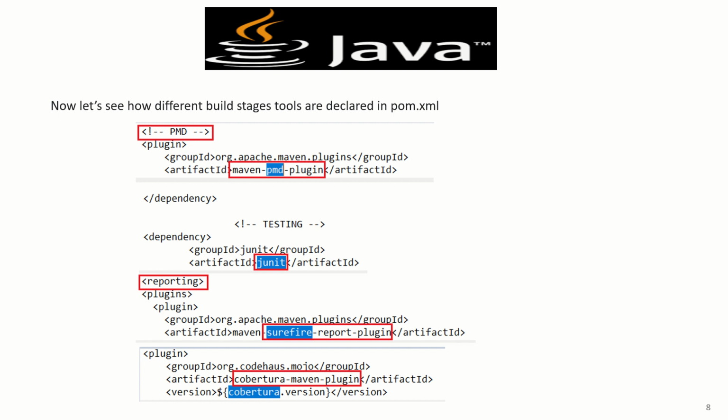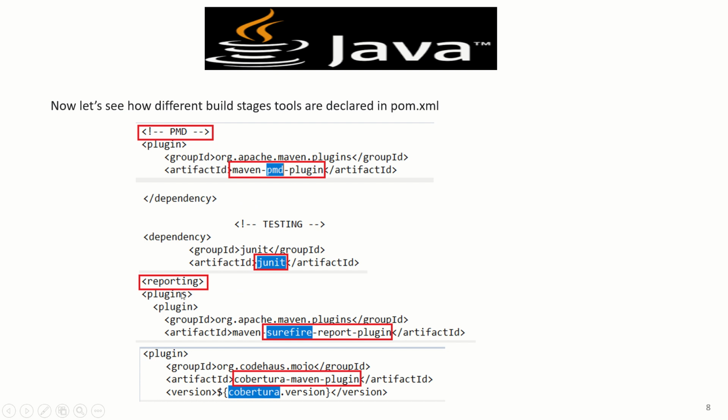Maven actually reads this file completely from top to end and finds out what all dependencies are required in order to build this source code, and then Maven downloads them from Maven Central. Here it sees, okay, I need a Maven PMD plugin in order to build this code. After that, Maven found that for testing JUnit is defined, so I need to download the JUnit plugin.